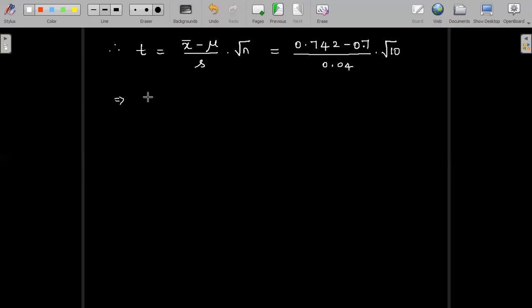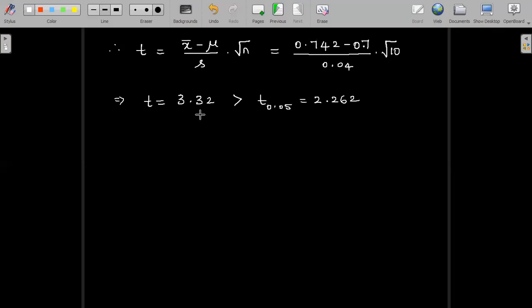So this gives us the student T value equal to 3.32. And on comparing with T 0.05, the calculated value of T is greater than the table value of T. By calculation of all the values substitution, we got it as 3.32.